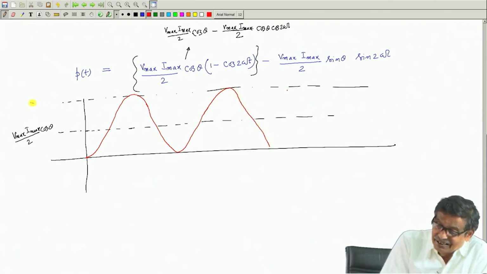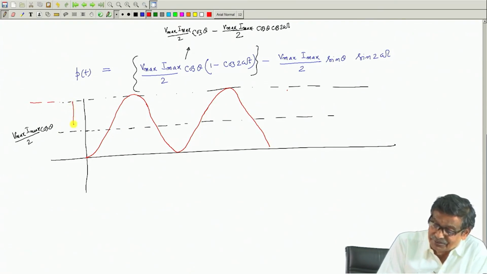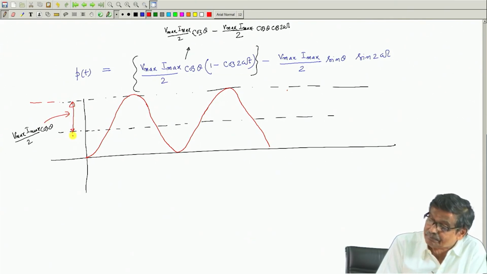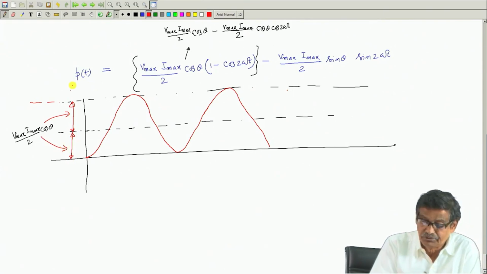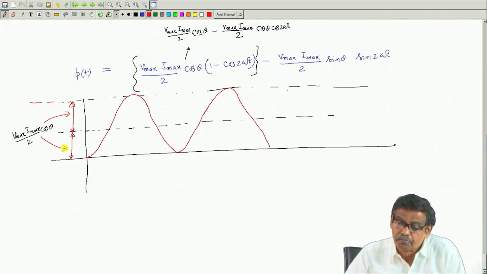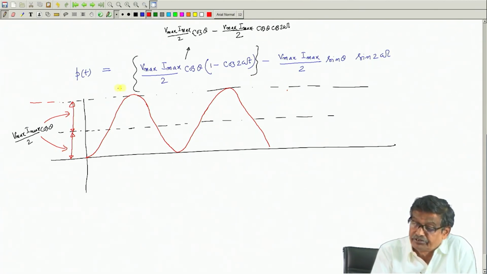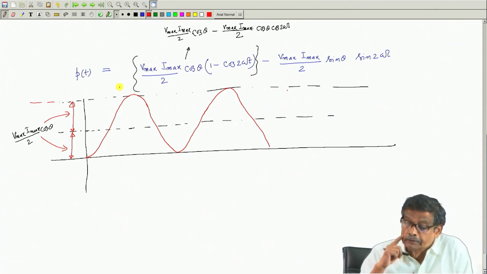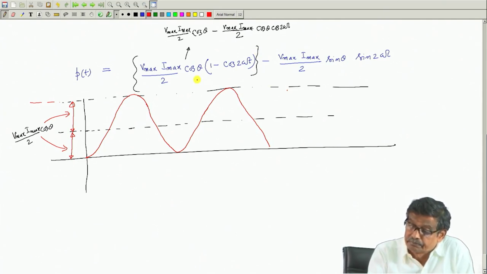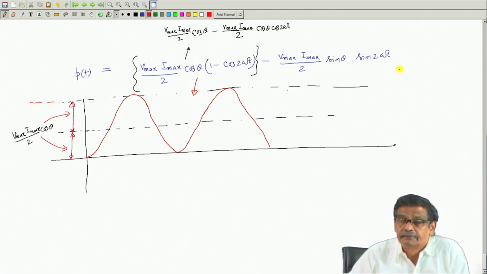What is this level? These two are equal, this will be 2 times V max I max by 2 cos theta, this whole thing. Got the point? This is only the first term I have sketched. This term I have not sketched. Clear?